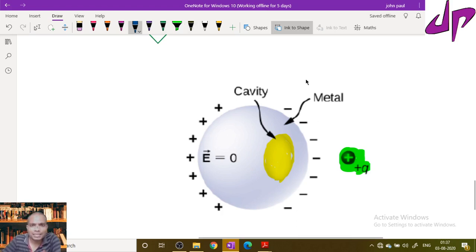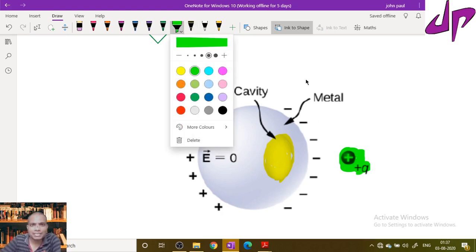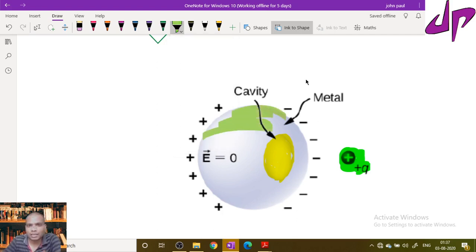And we learned that the electric field inside the entire surface equals 0, because this is a no-charge region.